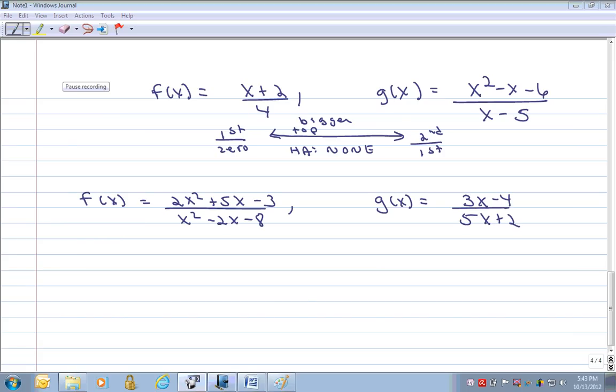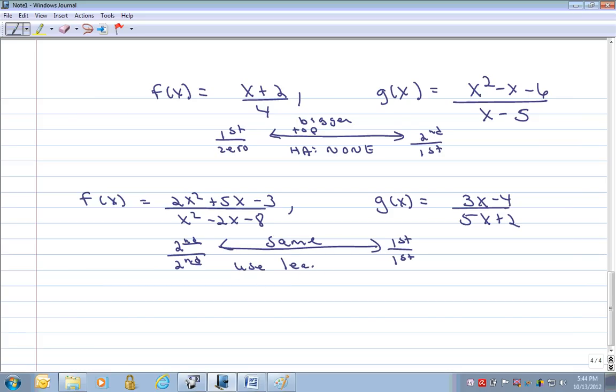All right, our last example is we're comparing again the degrees, and in this example the degree in the numerator and the degree in the denominator are the same. So this is a second degree in the numerator and a second degree in the denominator. And on this side we have a first degree and a first degree. So again we're comparing the tops. The tops are the same. If the tops are the same, we're going to have to go to the coefficients, the leading coefficients, to determine our horizontal asymptote.